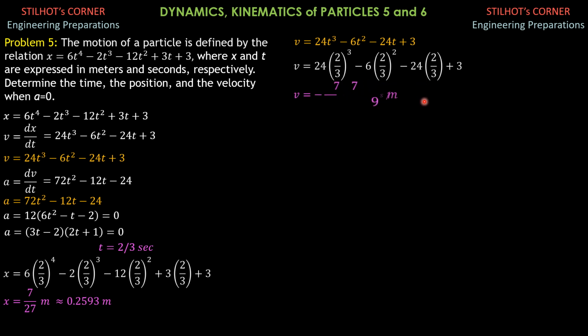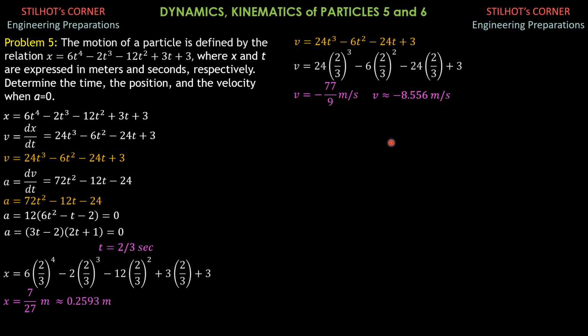So the velocity of the particle when acceleration is 0 is negative 77/9, or negative 8.556 meters per second in decimal form. So that's it for this problem: time, position, and velocity when acceleration is 0.